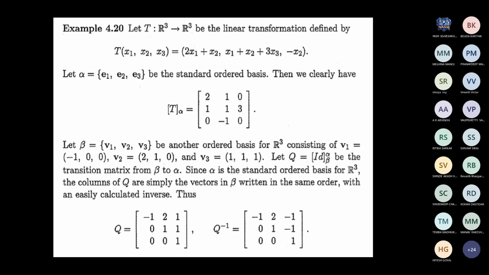Alpha is given. Beta is also given. Have you taken down beta? Beta is V1, V2, V3. Down you have alpha, beta, everything you take, we'll verify that statement. Slowly we'll do it. You have to understand it. If you have taken it down, tell me, we'll proceed.